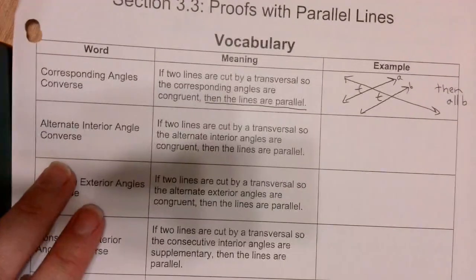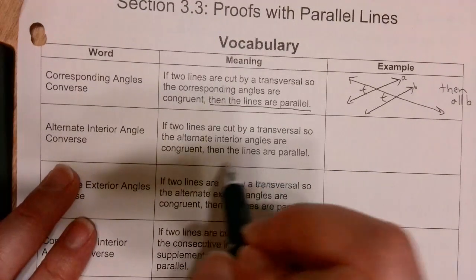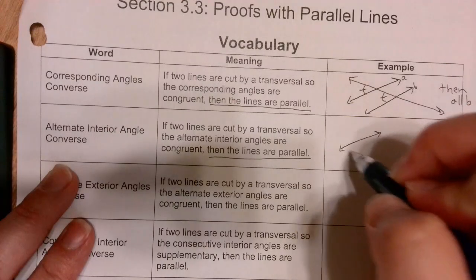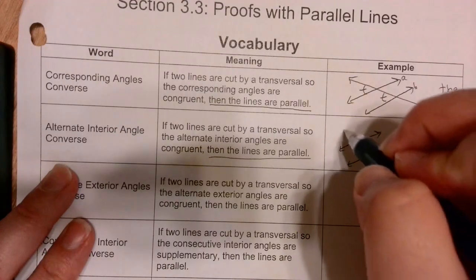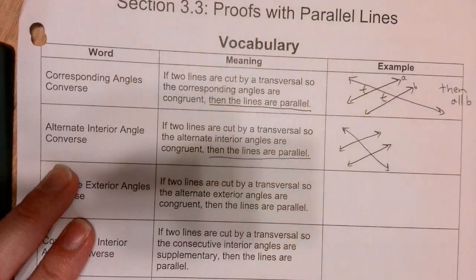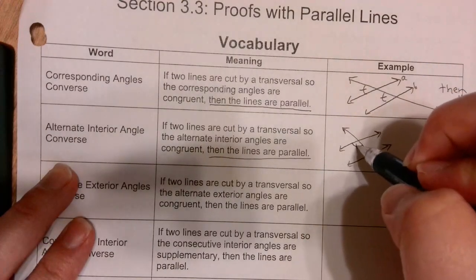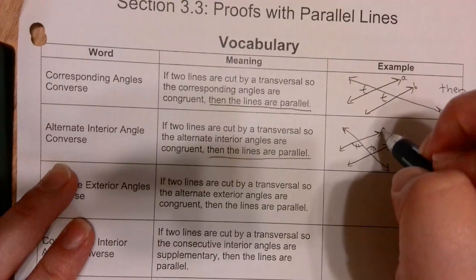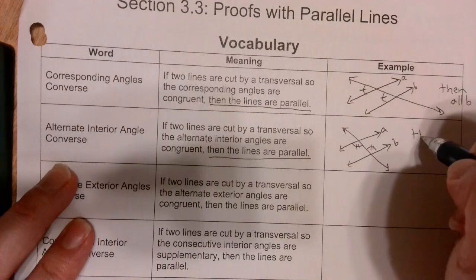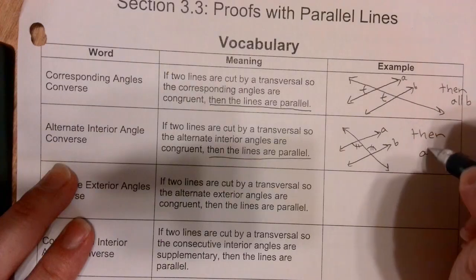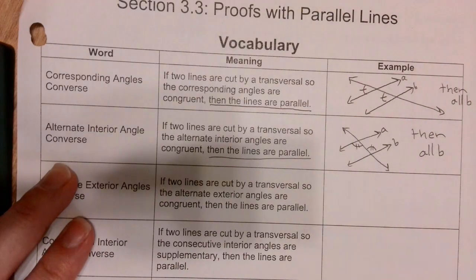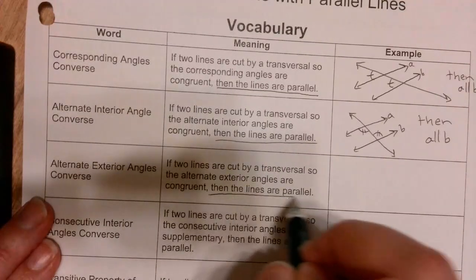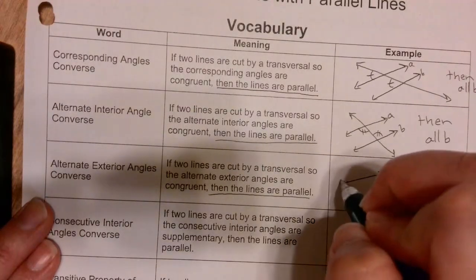Similar idea here with the alternate interior angle converse. Then the lines are parallel. If you have two lines and a transversal, and the alternate interior angles are congruent, then line A is parallel to line B. The alternate exterior angle converse, then the lines are parallel.